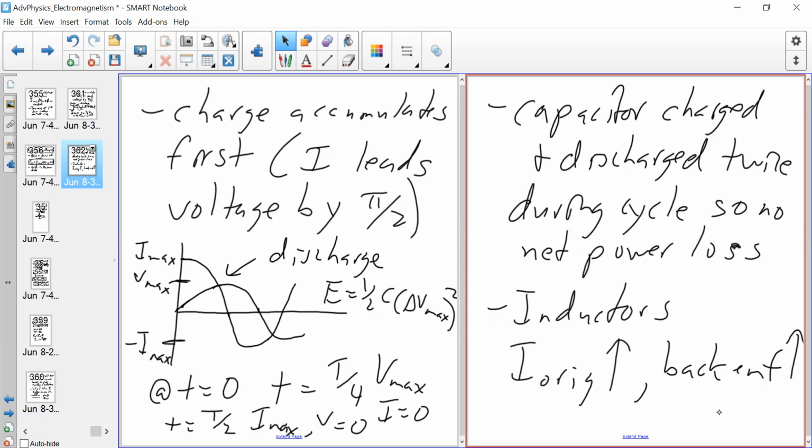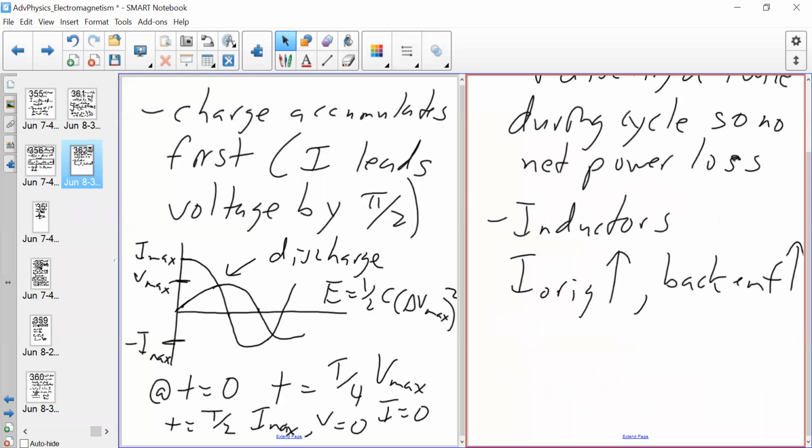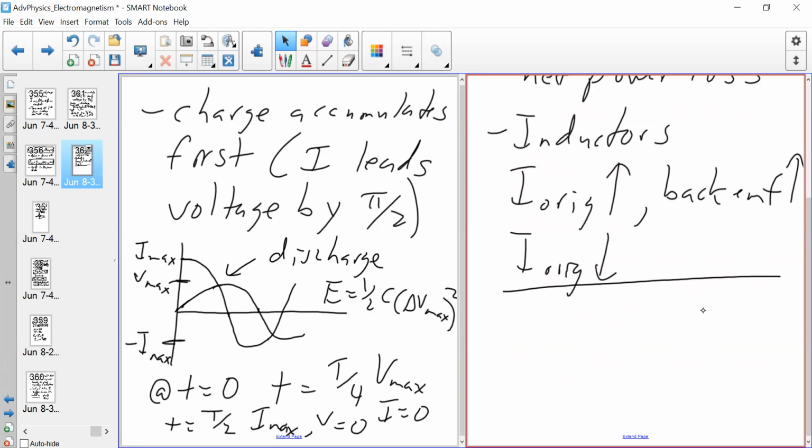It's basically going to go forward now, and now we're going to get the original current increasing, and it's going to keep sloshing back and forth, similar to what we see in the capacitor, just going back and forth with those changes. So the original current comes in, back EMF sets up its current, and it slows the original current down. And then this back EMF has its own induced current that slows this original current down.